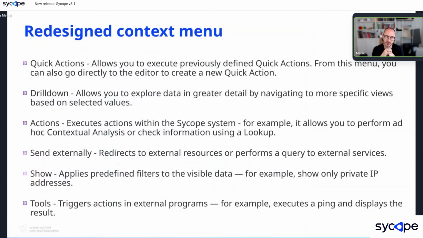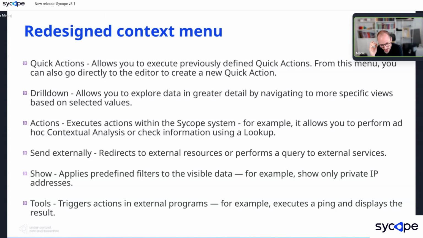The other position in the menu is now called actions. Actions are things that we execute within the Sycope system, so there are things we perform. For example, you can do ad hoc contextual analysis or check information using a lookup. And now we have a special position for send externally, because we noticed that certain things were kind of mixed up. For example, when you are checking an IP address in an external IP reputation database, you need to remember that you're actually providing the information about this particular IP address to some external source.